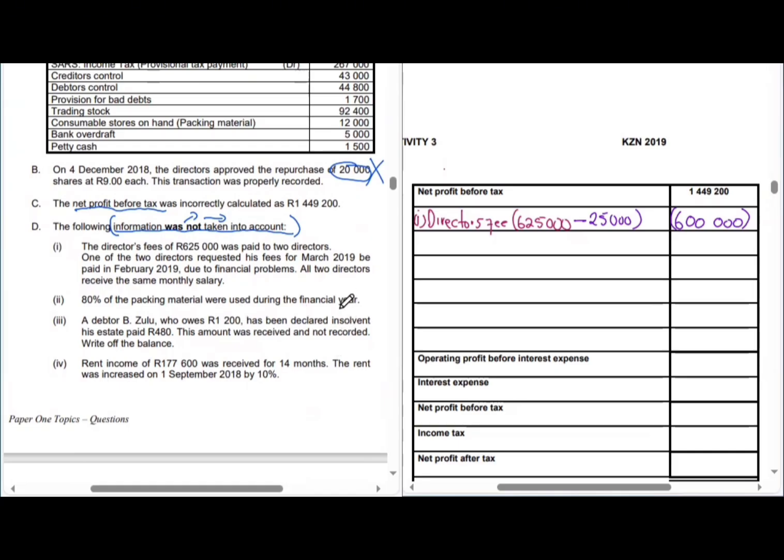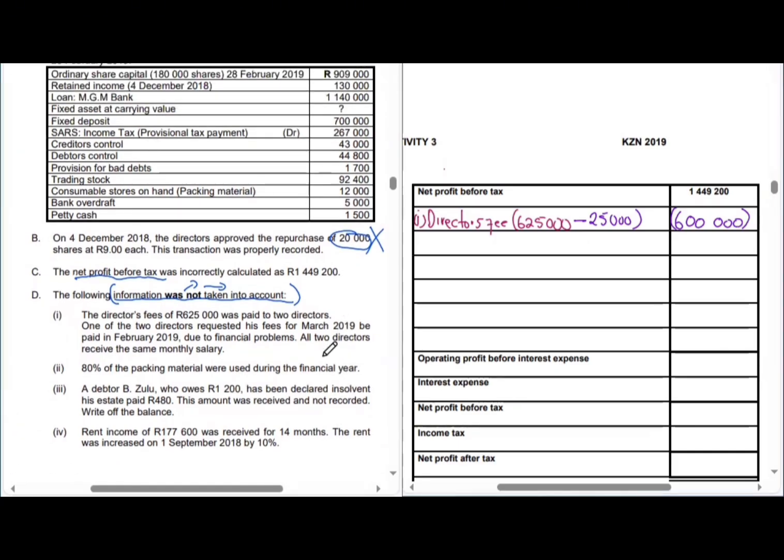So guys, in my previous videos, I spoke a lot about packing material. Basically what we need in our income statement is the amount of packing materials that have been used. Whenever we use packing material, it becomes an expense.